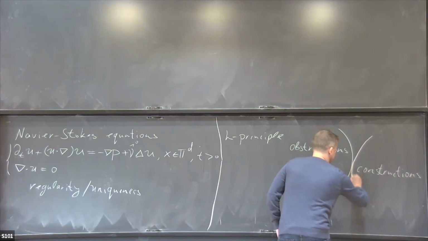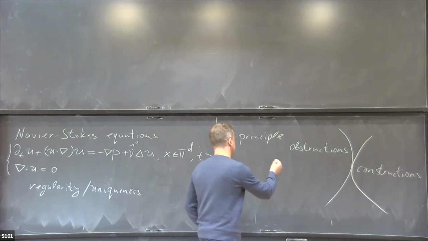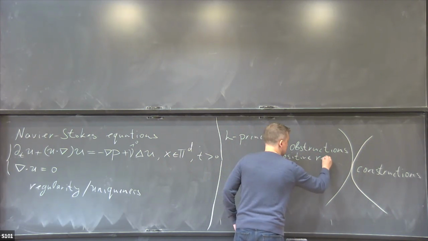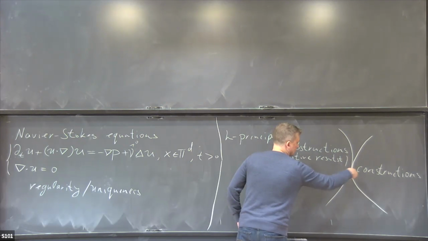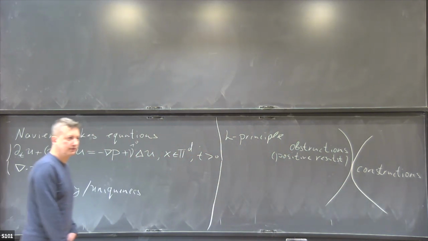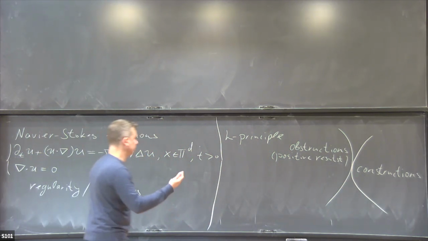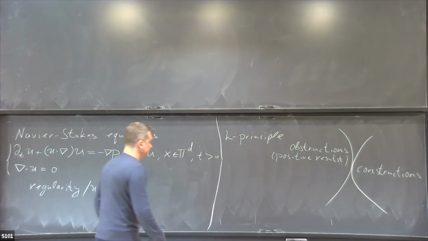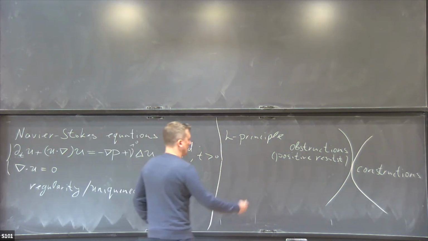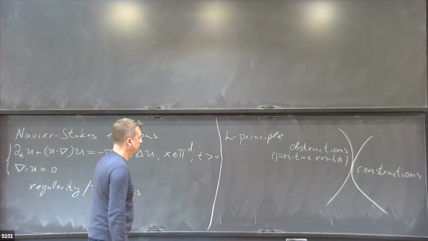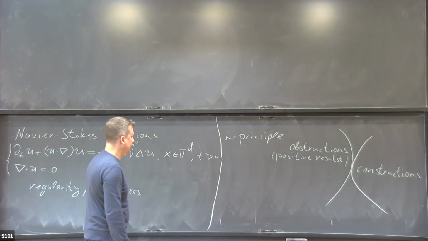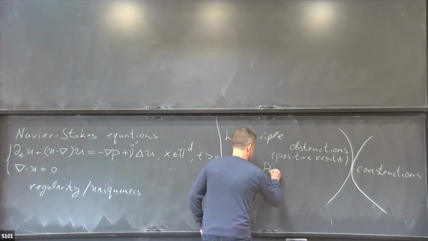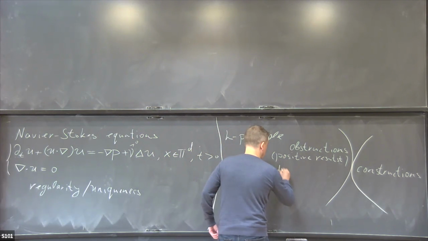All right, so this is in the case where obstructions are positive results, and constructions would be counterexamples to positive results. So by positive results, I mean uniqueness, regularity, things like that. And the most well-known positive result of obstruction in this case is the Prodi-Serrin class. So this is a functional class.